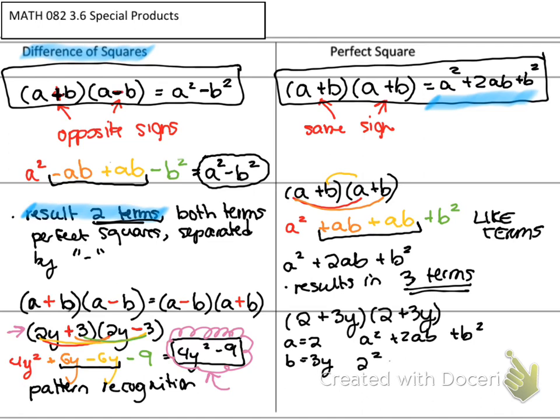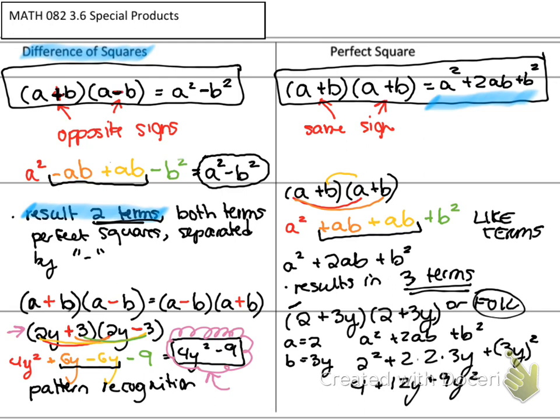So I would have 2 squared plus 2 times 2 times 3y plus (3y) squared. Okay, and that would give me 4 plus 12y plus 9y squared. All right. Now the good news is that you don't necessarily have to memorize that, right? You can simply do FOIL here to expand that.